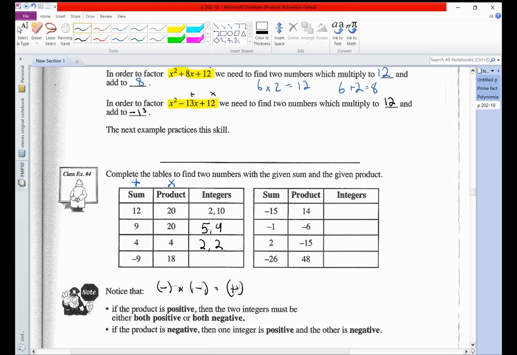So I know 6 times 3 gets me 18, but 6 plus 3 gets me positive 9. So that doesn't work. But negative 3 and negative 6 work. Negative 3 multiplied by negative 6 gives me positive 18, and negative 3 plus negative 6 gets me negative 9.